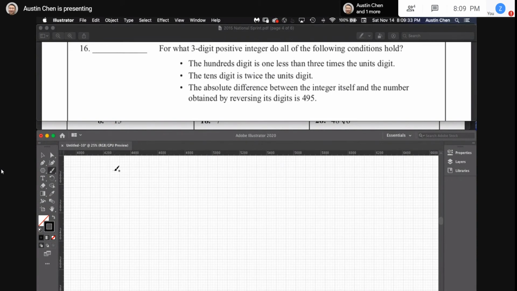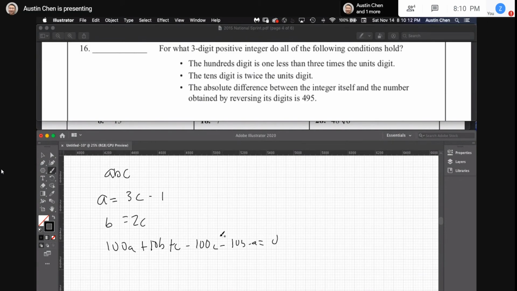Okay, so what we can do is say the number is A, B, C. Then we can set up some formulas. We can say that the hundreds digit is 3 times C minus 1, and B is going to be 2 times C. And the absolute difference between the integer and the reversal will be 100A plus 10B plus C minus 100C minus 10B minus A equals 0.